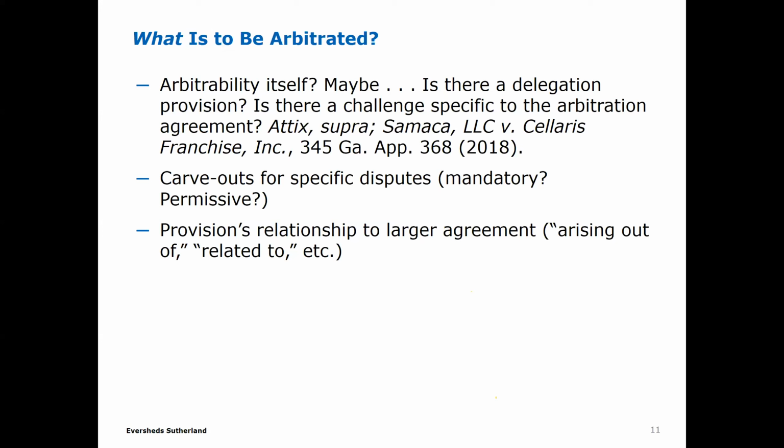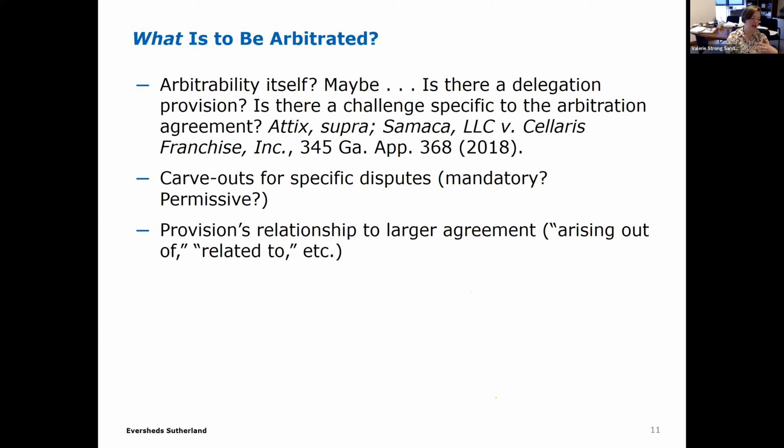Sure. The other main subtopic under what is to be arbitrated: first there's arbitrability, and then there's, okay, but what substantive disputes have the parties agreed to arbitrate? Are there carve-outs in our provision for specific disputes, and are they mandatory or permissive?